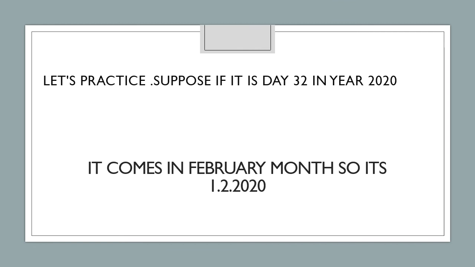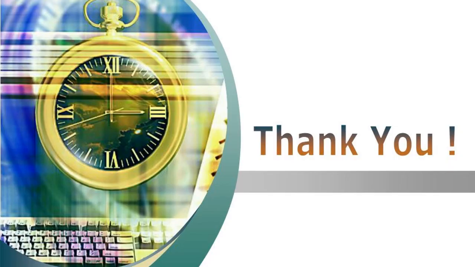It has 31 days, right? But here it is mentioned 32 days. So it will be the first day of the next month. Now we got the date, and next month means it is February, the second month, so we will put 2. And the year is 2020. Okay, we know it. So the date will be 1st February 2020. Thank you.